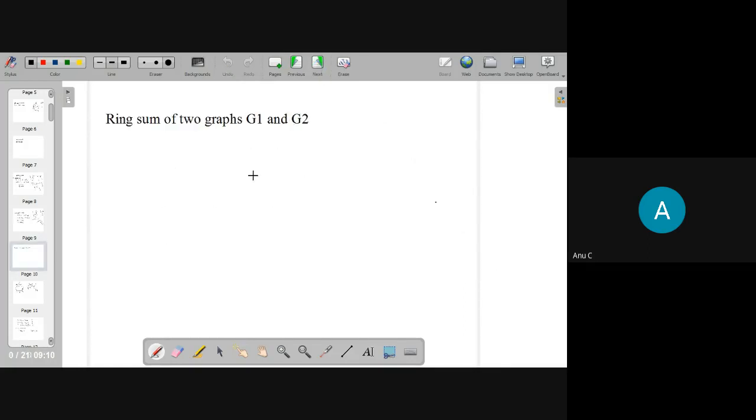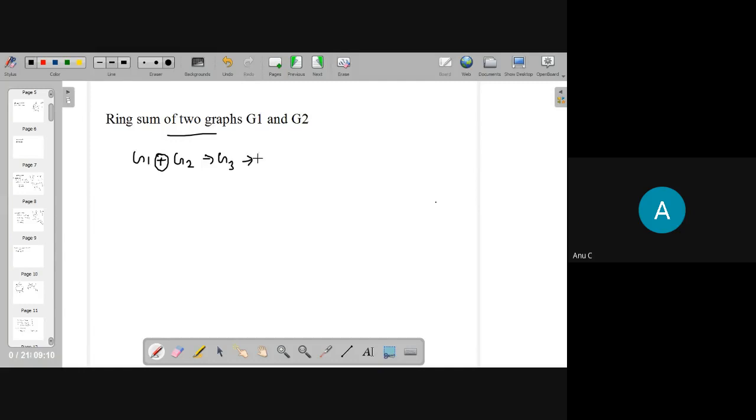Next operation, the ring sum of two graphs G1 and G2. The ring sum of two graphs G1 and G2 is denoted as G1 ring sum G2. So we get a third graph G3.